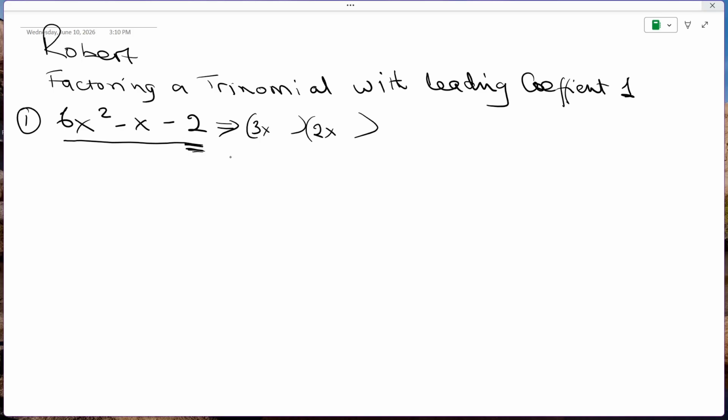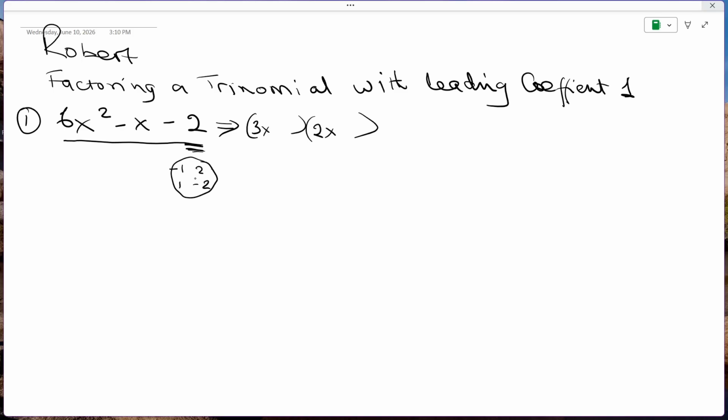X's are all called variables, and all these figures are called constants. So we look for two factors that, when multiplied together, will give us minus 2. So if it's minus 2, it can either be negative 1 and 2 or 1 and negative 2. So we have two options here to choose from.